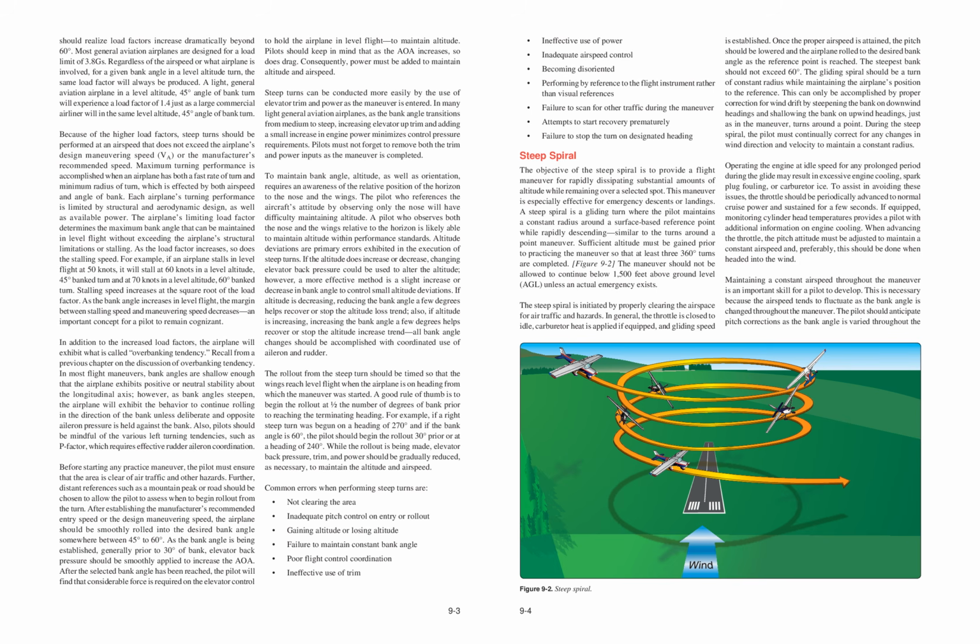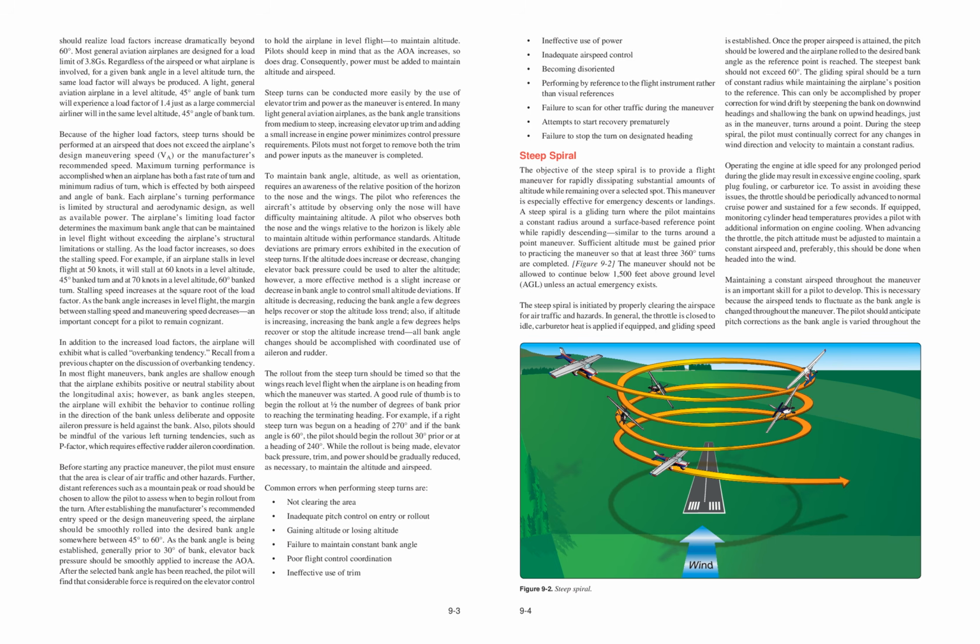The pilot who references the aircraft's attitude by observing only the nose will have difficulty maintaining altitude. A pilot who observes both the nose and the wings relative to the horizon is likely able to maintain altitude within performance standards. Altitude deviations are primary errors exhibited in the execution of steep turns. If the altitude does increase or decrease, changing elevator back pressure could be used to alter the altitude.